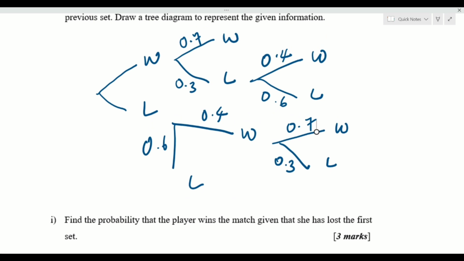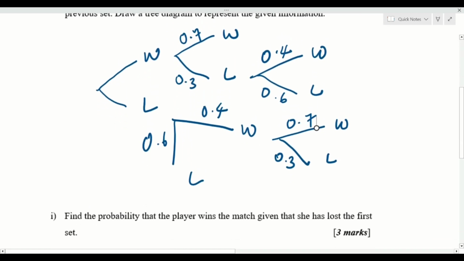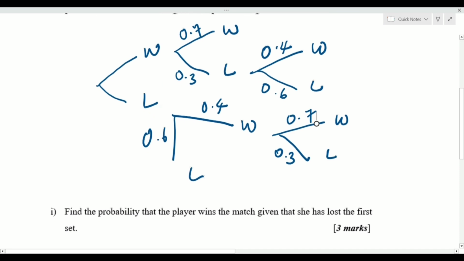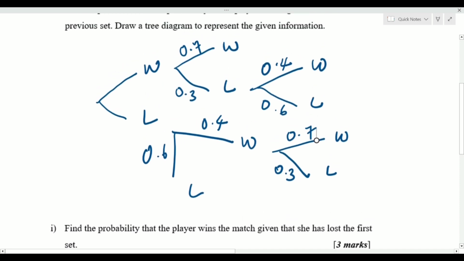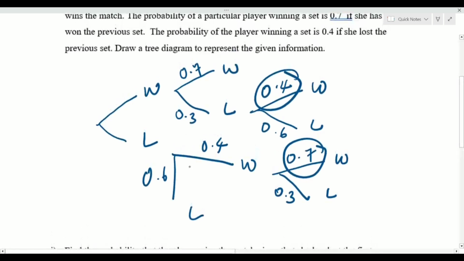Once she lost the first set, the probability of her winning the next set is this one and also this one. How I get this answer is because here she wins after losing, here also the same, she wins after losing.